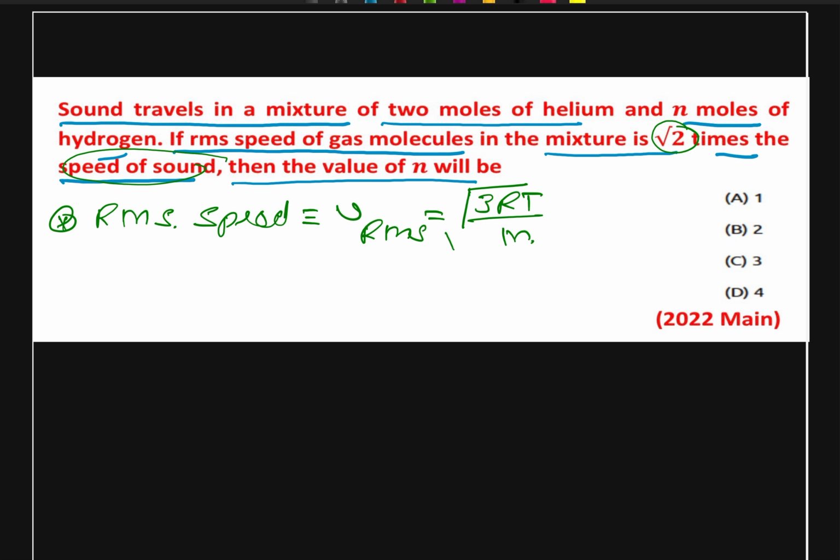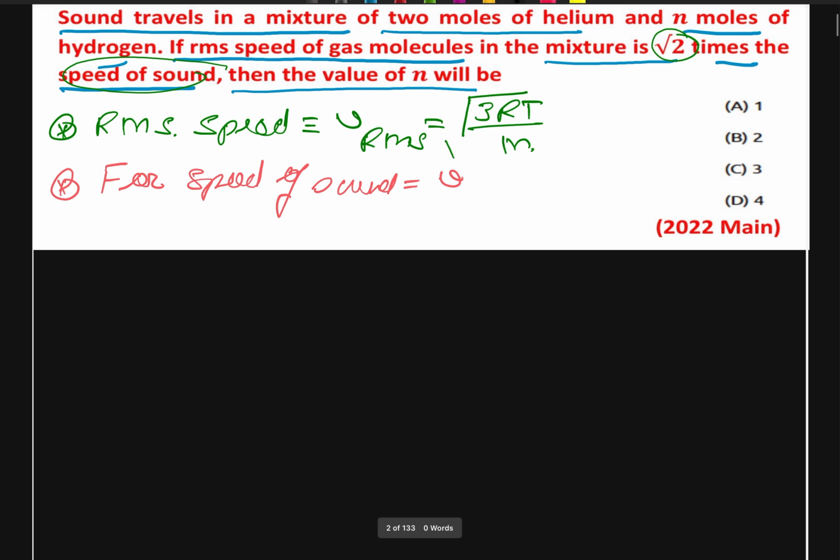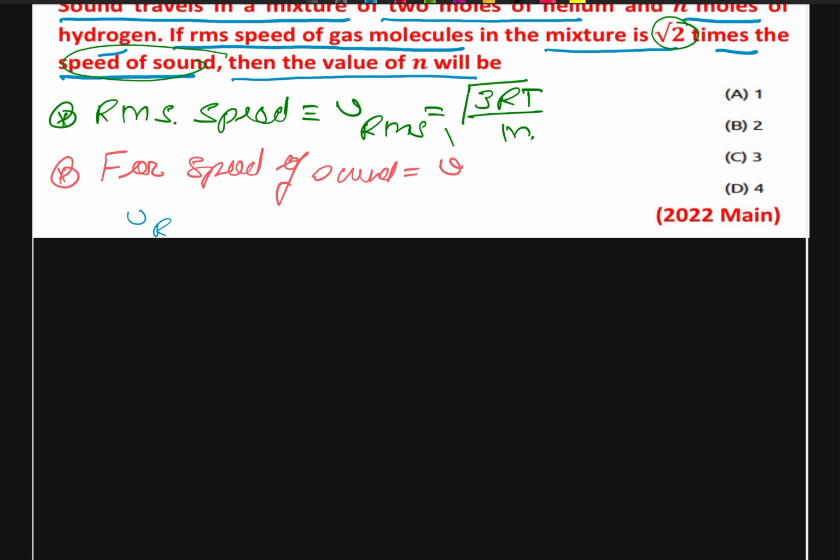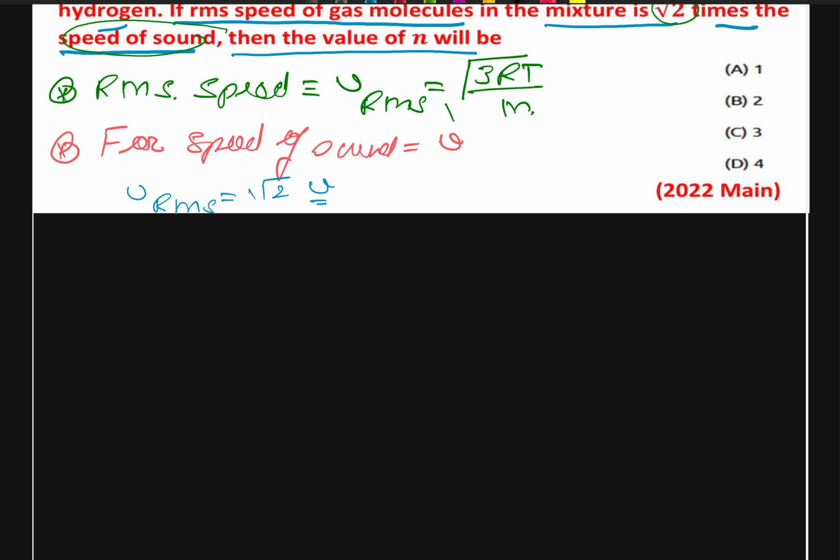So let's assume that the speed of sound is V. Therefore we can write that our VRMS is equal to square root 2 times V. And we can also find this formula for V in terms of our RT as well as M. Okay. And so let's find out the speed of sound.